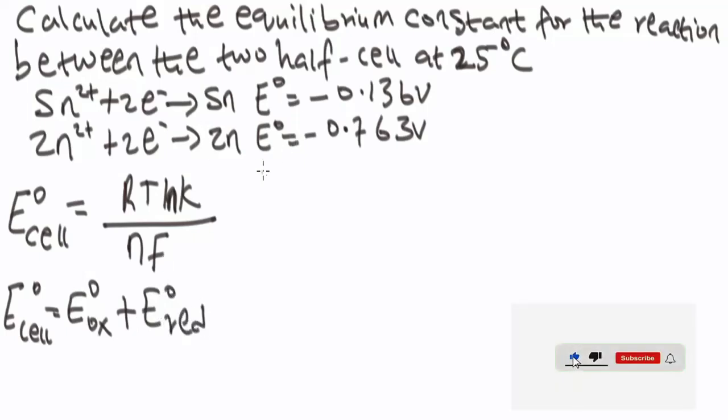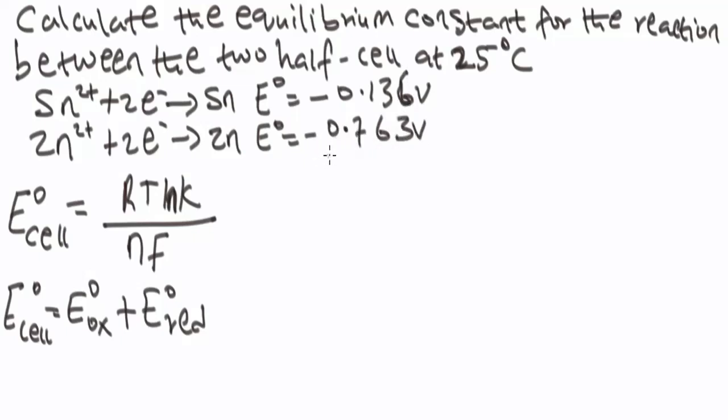Alright, so in this problem, the electrode potential with the least value will serve as the oxidation half cell. Okay, so the least electrode potential value here is this zinc reaction, which is minus 0.763 volts.